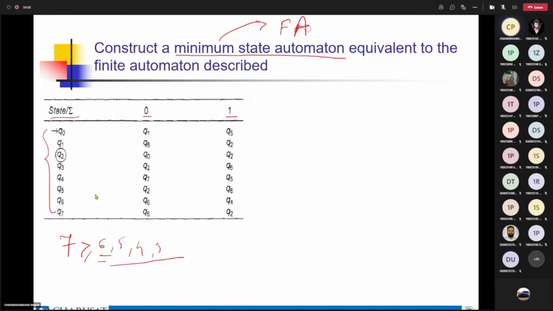Now why is there a need to reduce the number of states? Due to hardware or software limitation. When we are preparing any machine, machine means, as I told you, not always an actual hardware functioning device. It is an abstract computing device, which can be anything: a software tool or a hardware tool.